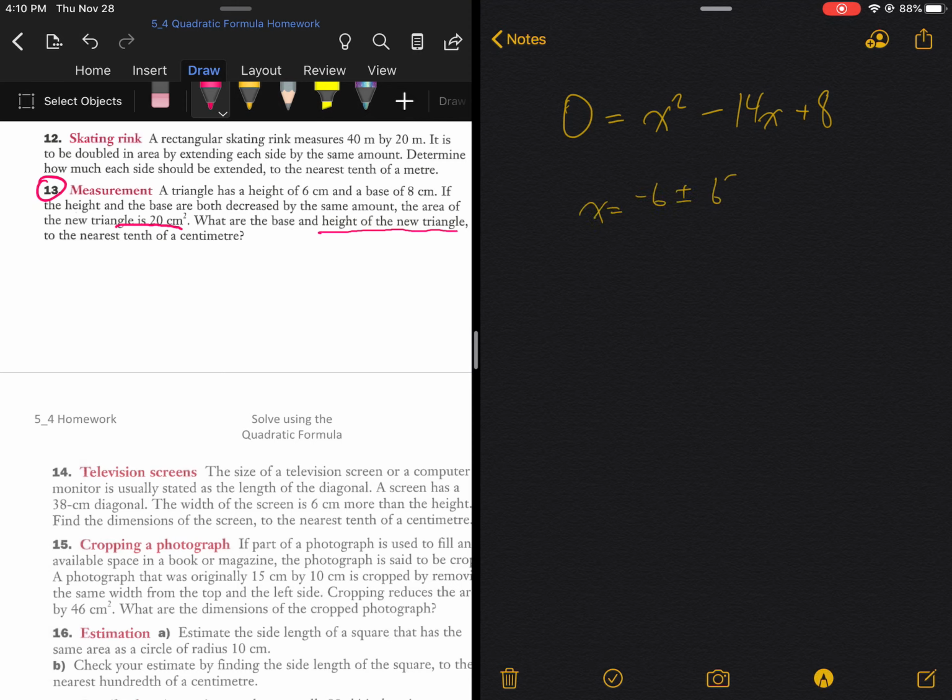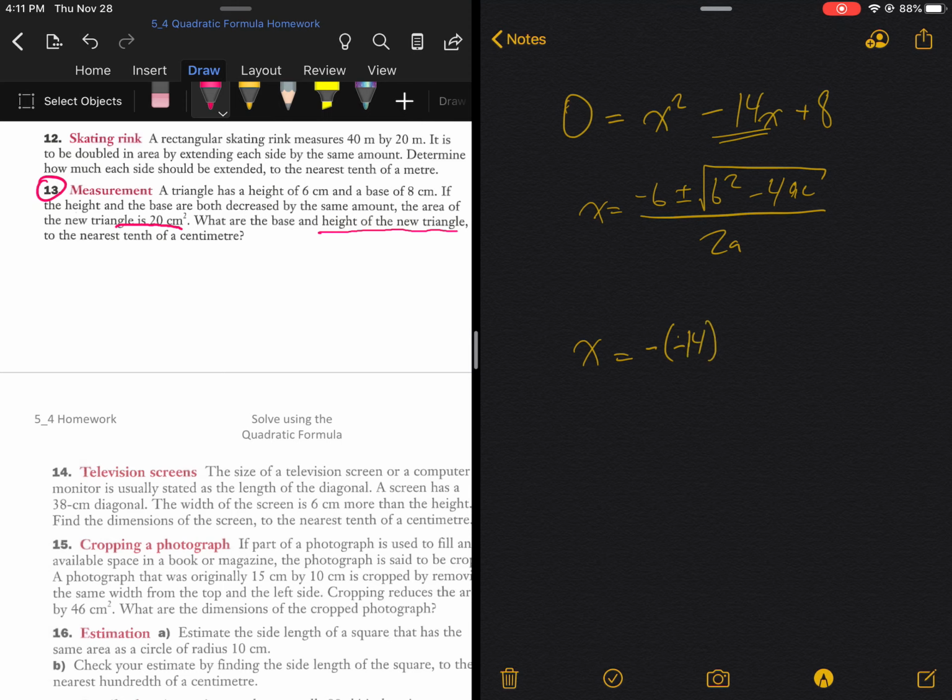So what do we do? We use the quadratic formula. X equals minus b plus or minus the square root of b squared minus 4ac, all over 2a.